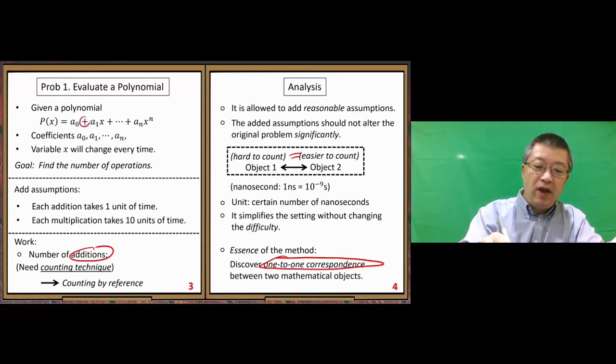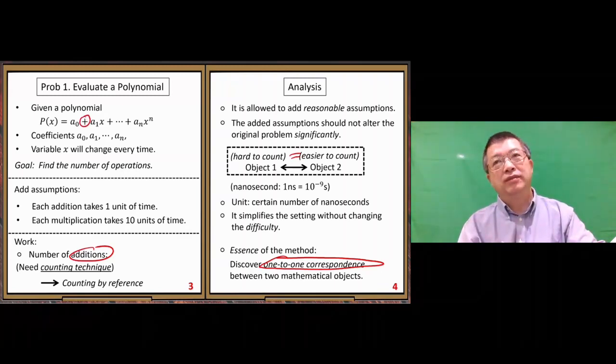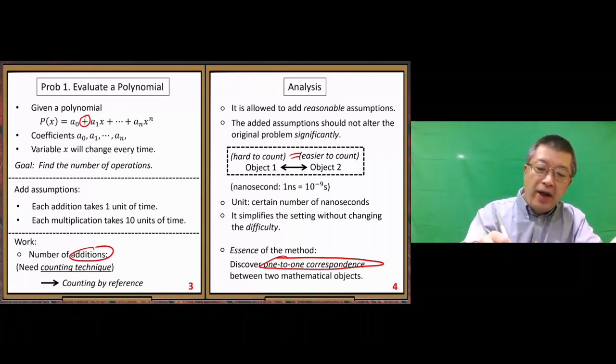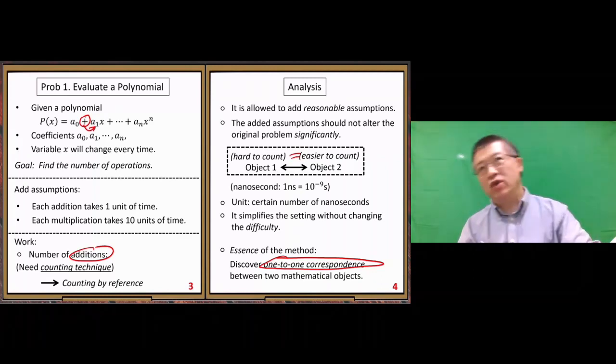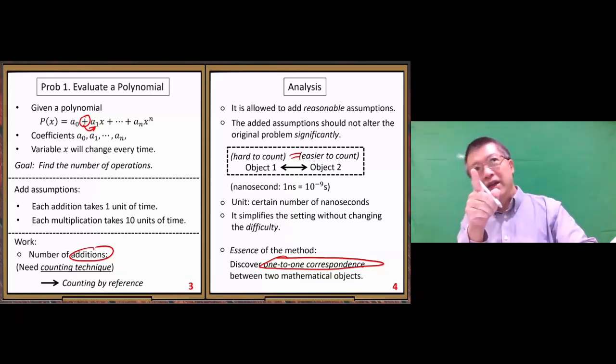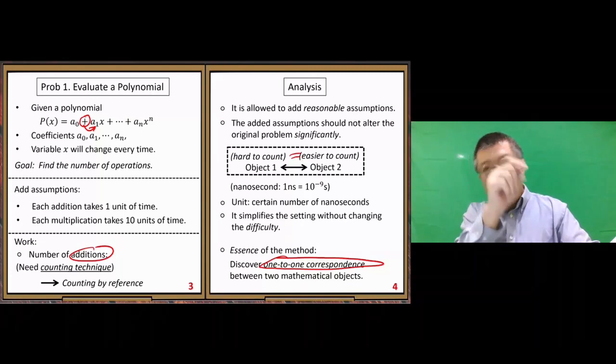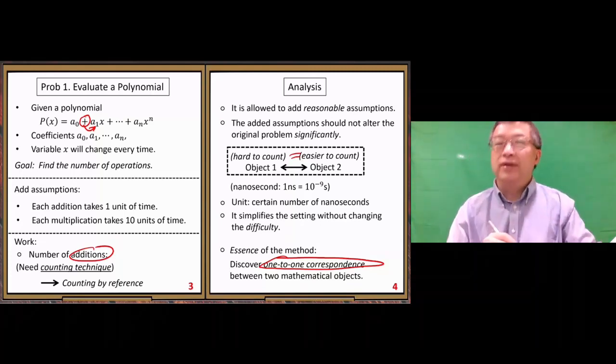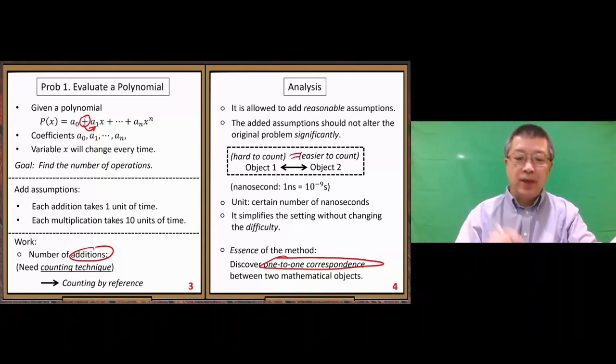Look here, there is one addition. This plus sign means one addition. Can I connect this plus sign with the subscript 1 of A1? The first plus sign, I point it to subscript 1.